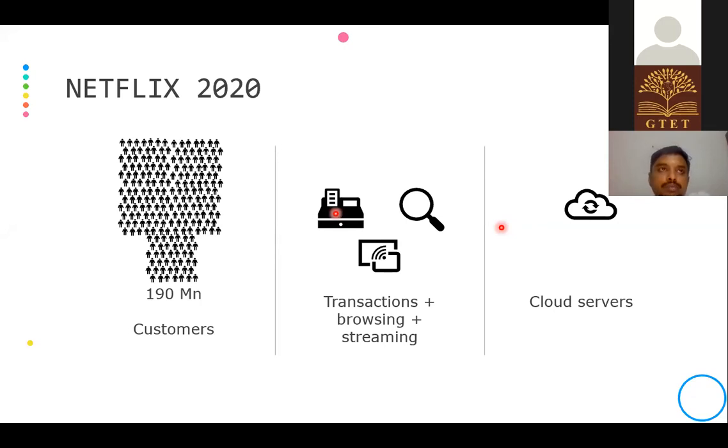This is done by running algorithms on the data that Netflix has stored about you. So what sort of data is Netflix storing about you? Every movie that you've ever watched, every pause that you've ever made on Netflix, and all the movies and TV shows that you've browsed, where you thought, okay, I'm interested in probably watching this in the future.